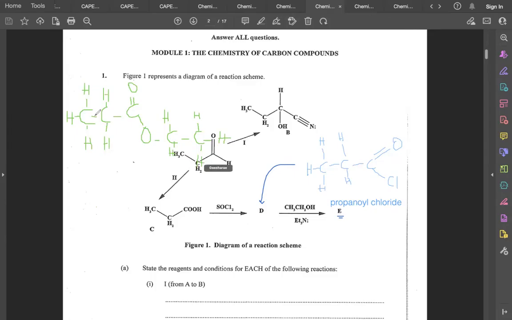All right, that's perfect. So what do we call that molecule there, Sherry? How would we name it? All we have to do now is just name it.